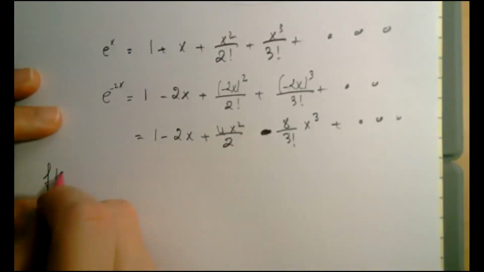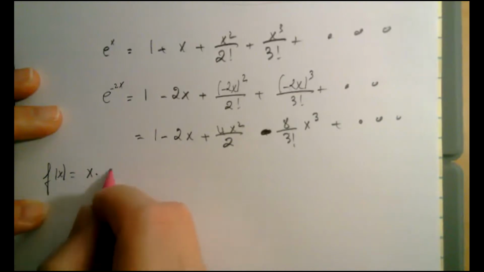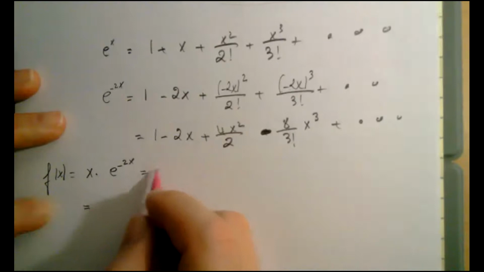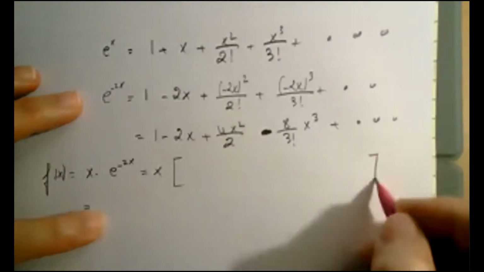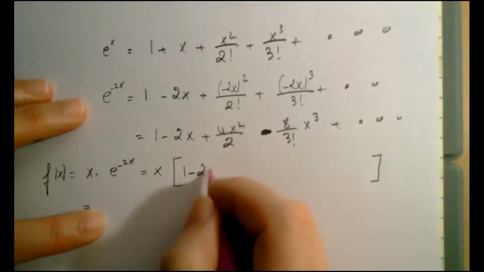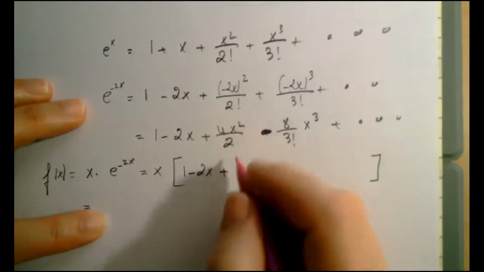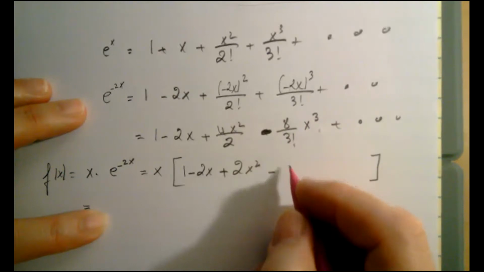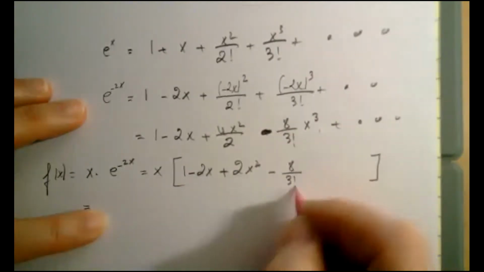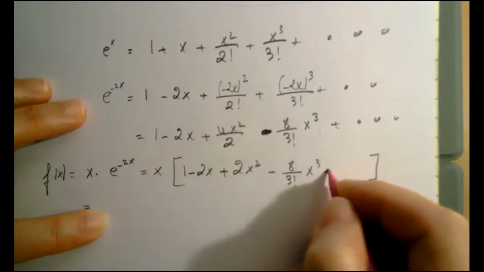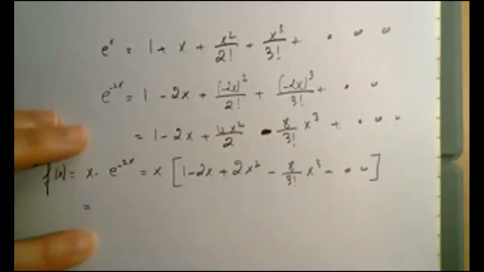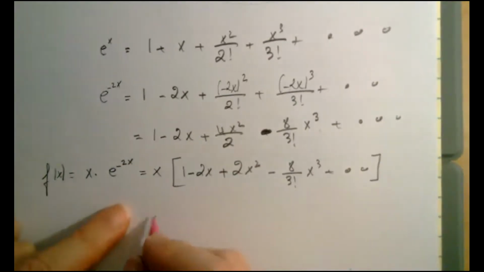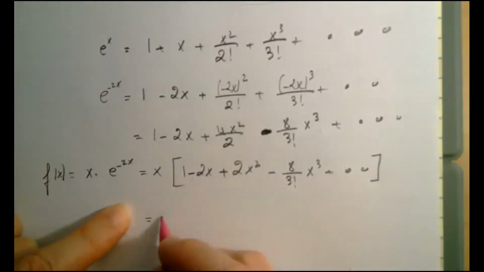Now my function is the product, x e to the minus 2x. It means I have to take x and multiply it by that. Plus 4 over 2 times x squared, 8 over 3 factorial. I don't think I will need it now because I have to multiply by x, plus etc. So to get the third degree Taylor polynomial, I only need to take care of all the terms up to x cubed. So x times 1 will give me x.